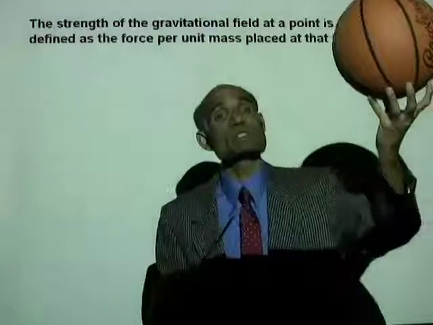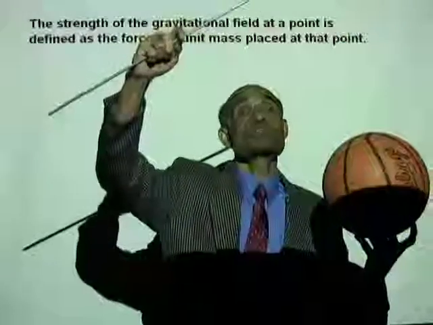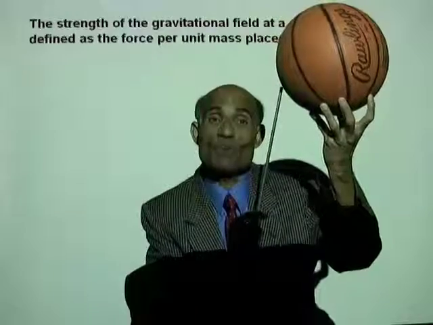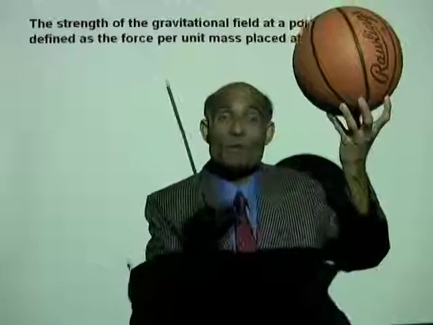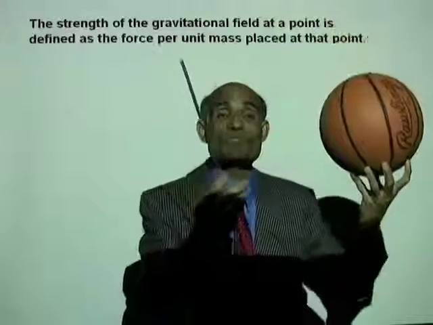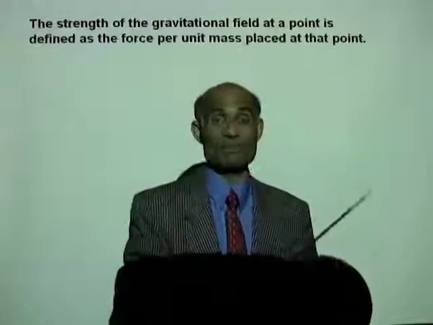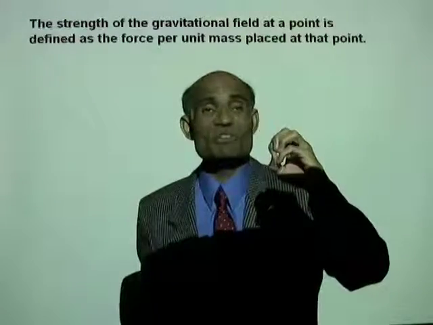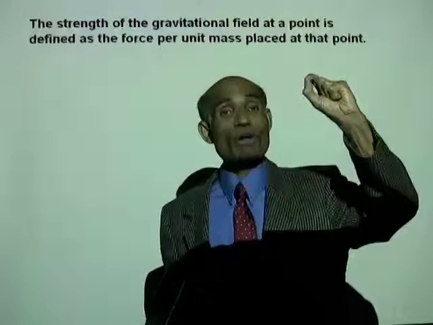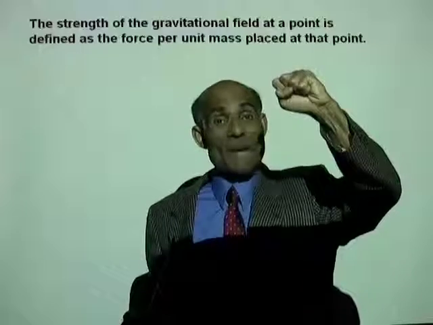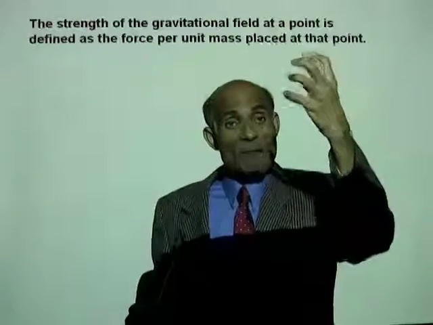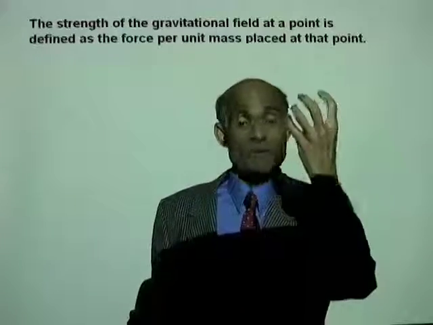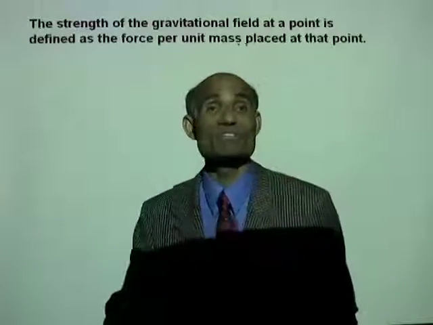If I take this basketball to an altitude of 1 kilometer and measure the force on this 1 kilogram, that will be a measure of the gravitational force at that point. So in order to measure the strength of the gravitational force at a given point, you place a unit mass of 1 kilogram and measure the force it experiences, and that will be a measure of the gravitational force.